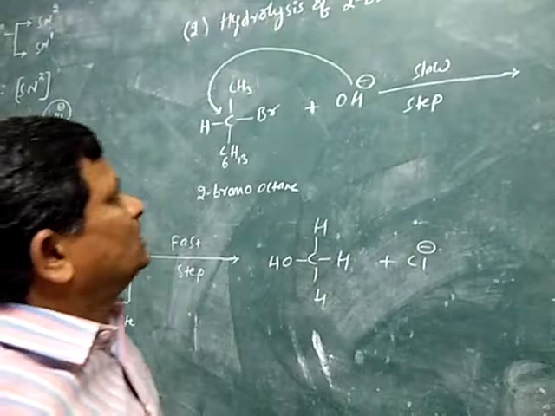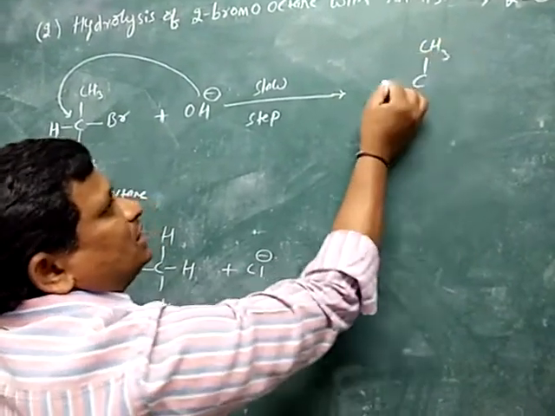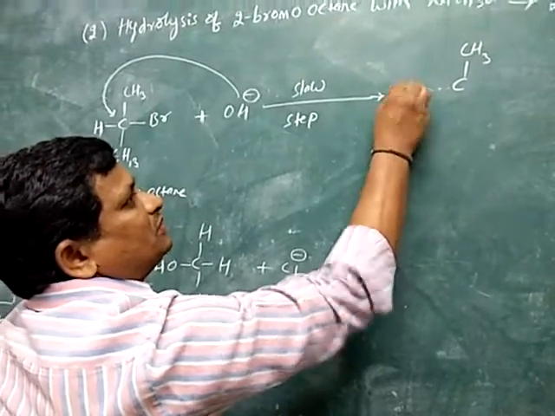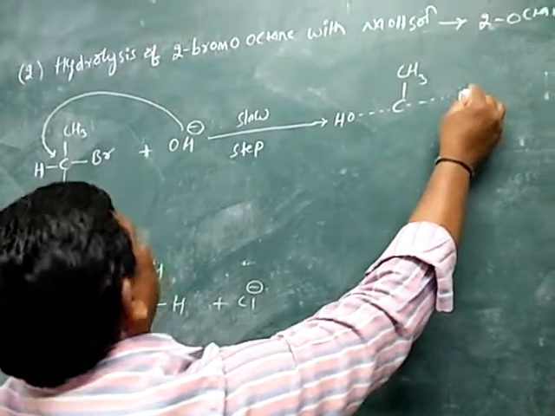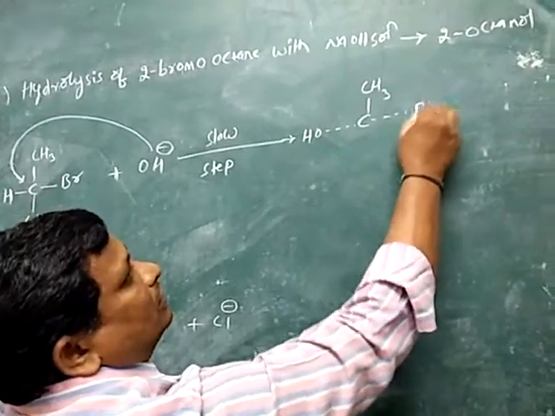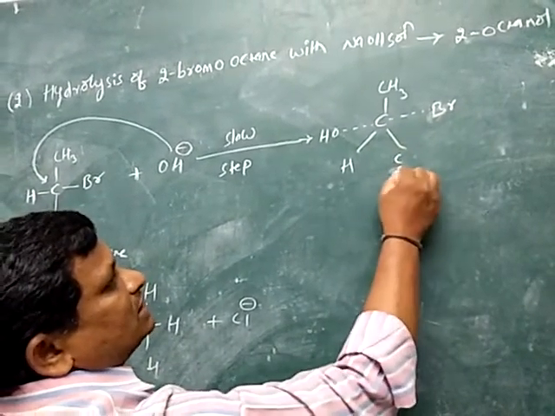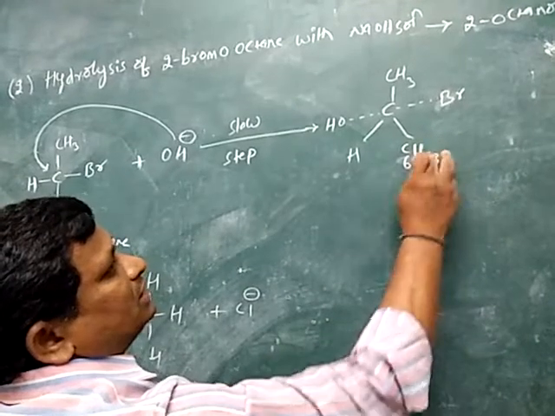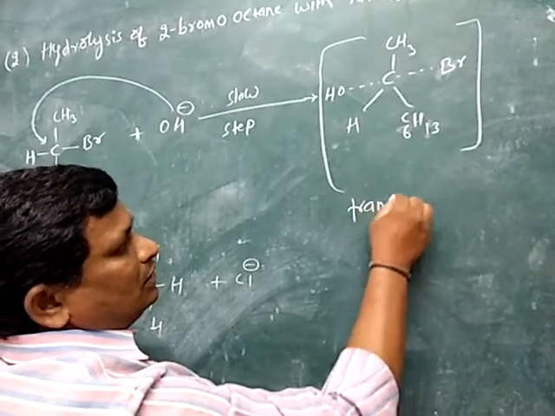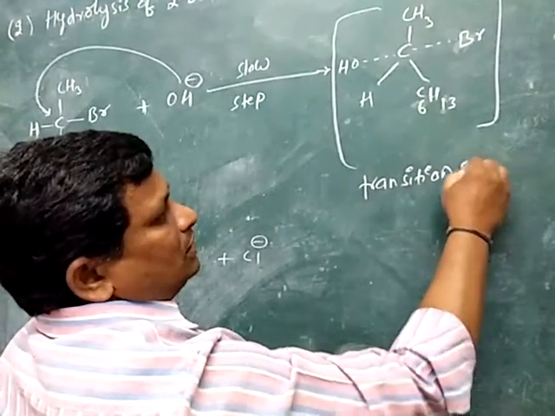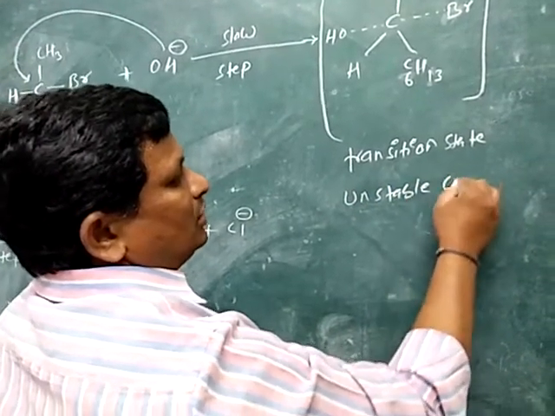In the transition state, a partial bond is obtained between carbon and the nucleophile, just as there is a partial bond between carbon and bromine, with CH3 and C6H13 on the carbon. The transition state compound is unstable.